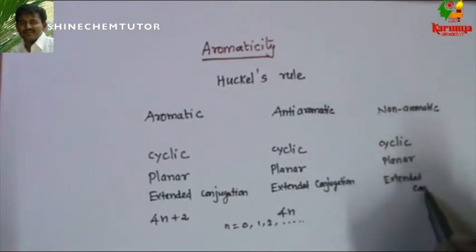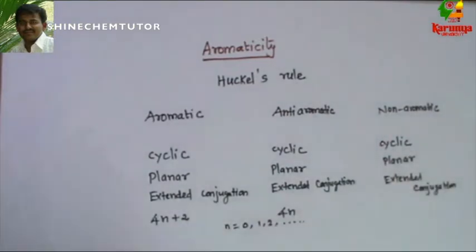If the molecule is not cyclic, then it is non-aromatic. If it is not planar, then also we say it is non-aromatic. If there is no extended conjugation, then also it is non-aromatic.